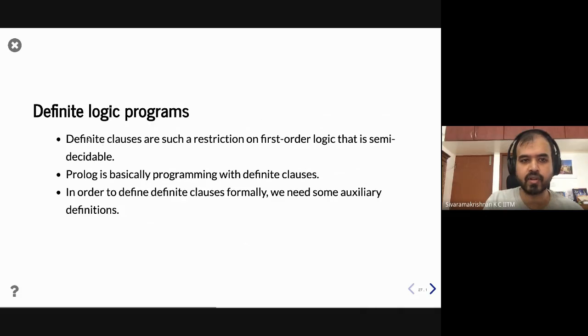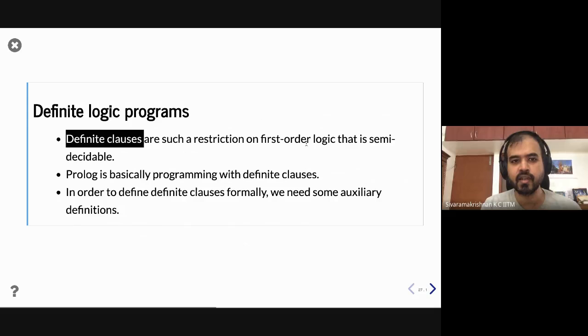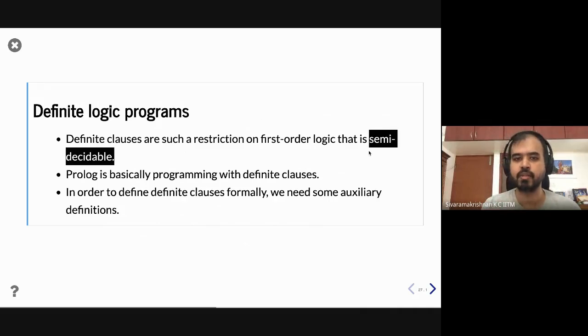Definite logic programs are constructed out of definite clauses. These are just formulas, right? But they have a certain restriction. And definite clauses are such a restriction that make the subset of first order logic semi-decidable, right? And Prolog is essentially programming with definite clauses. Although Prolog is a language, the concept of logic programming in the style of Prolog is essentially programming with definite clauses. We will see how this comes through.